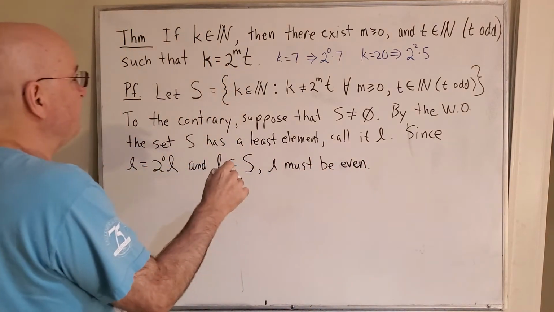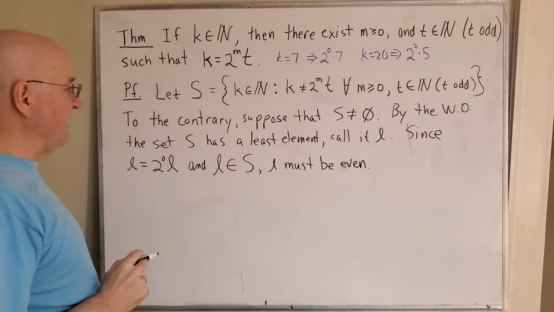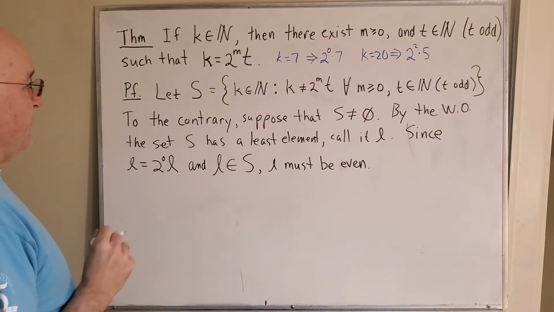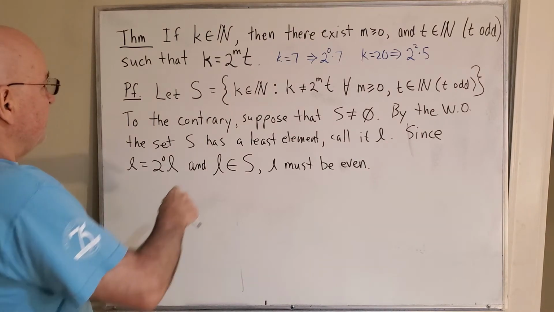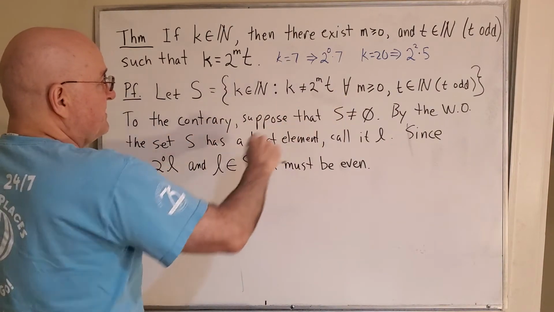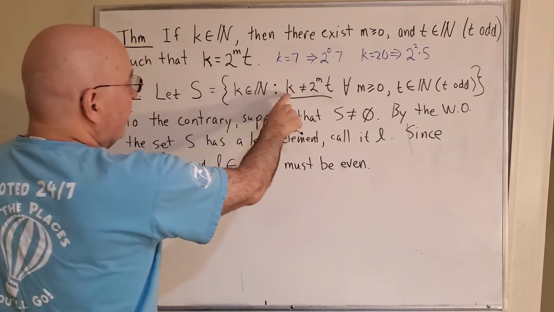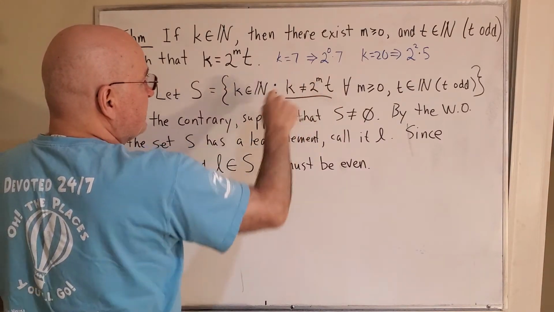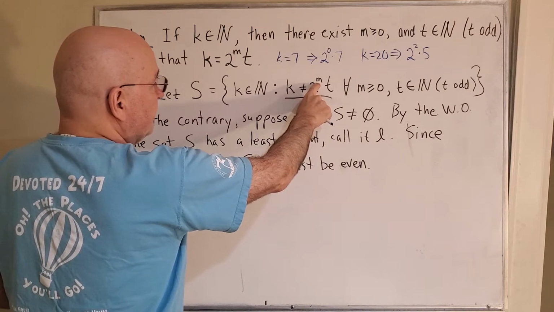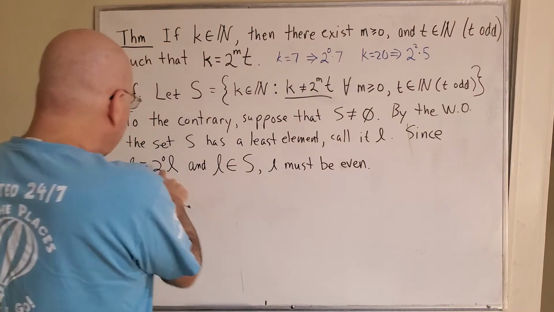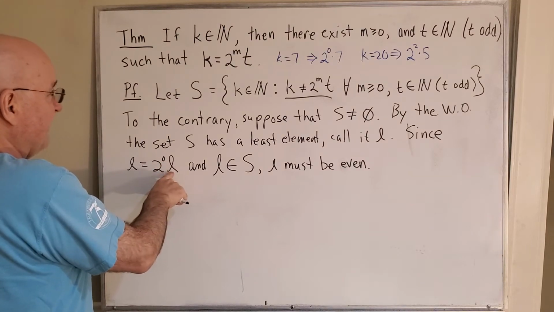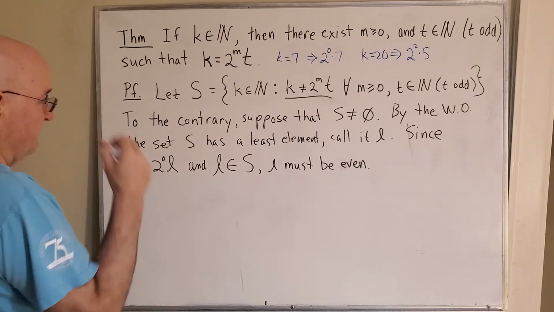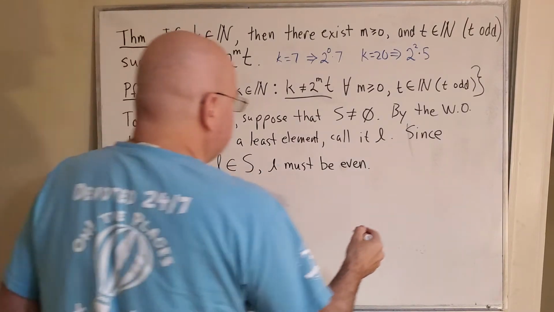And that's all because of how we defined this set capital S. Just to reiterate one more time, L is in this set, so L can never equal 2 to the m times t, where m is 0 or greater and t is an odd number. So L cannot be an odd number. L must be even.